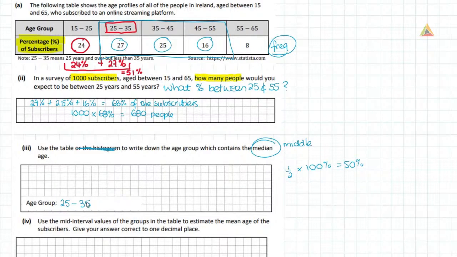And the last thing that we're asked is to use our mid-interval values again. To remind you, we find the mid-interval values by adding together the ends of the intervals. So we'd say 15 plus 25 and then dividing by 2. So my first mid-interval value is going to be 20.